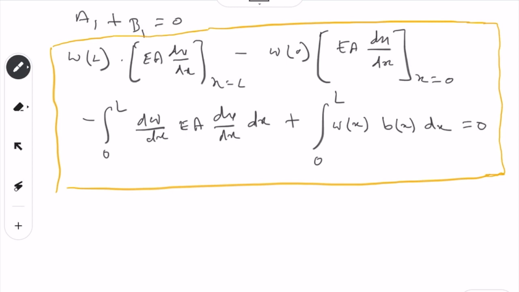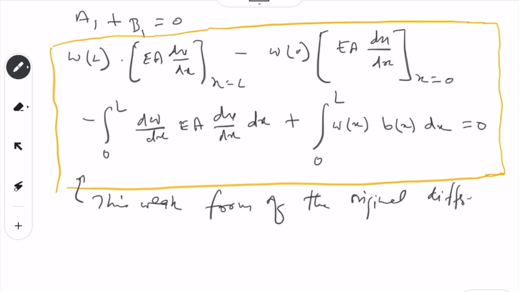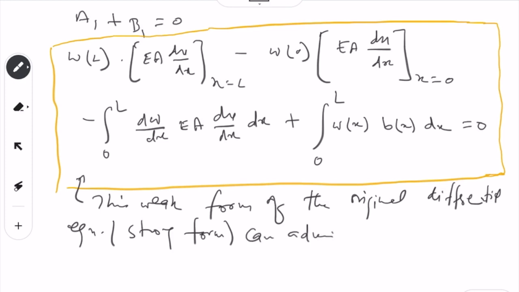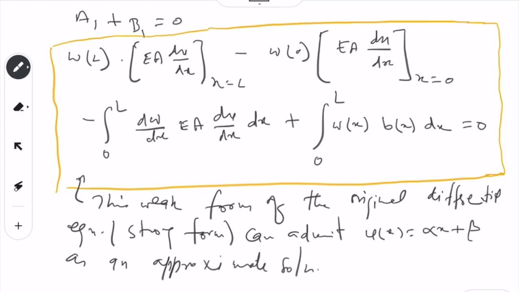This weak form of the original differential equation, or the strong form, can admit ux equal to alpha x plus beta as an approximate solution, and that is why we did this transformation.